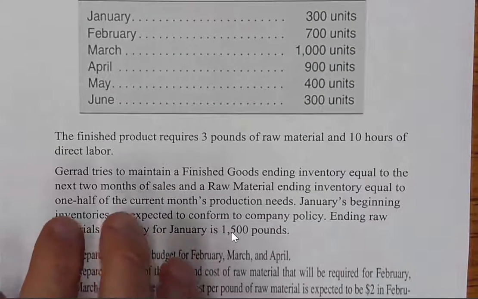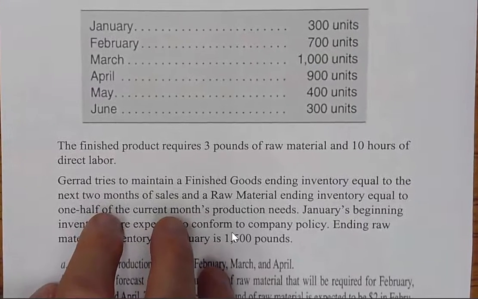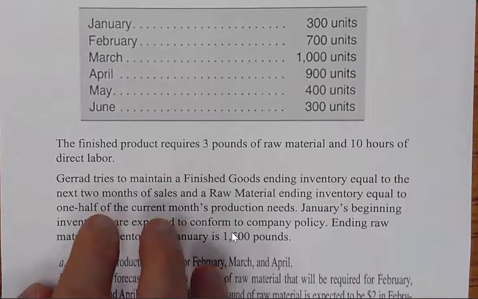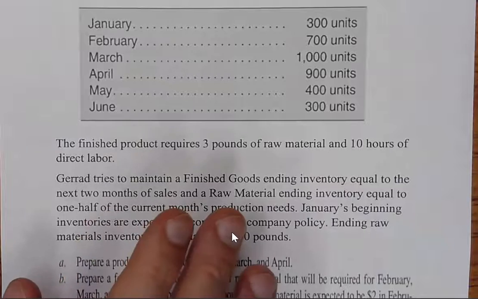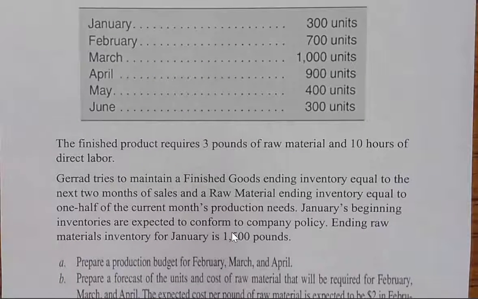When we consider these types of scenarios, we always have to start with the month before where we're really going to look, and maybe a couple of months depending on what the company's policies are. So we're going to need this information later.